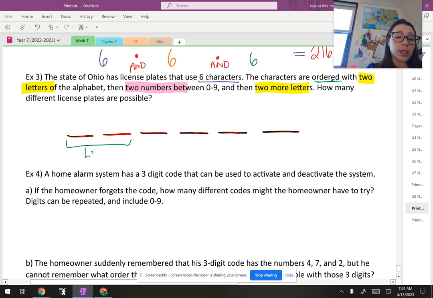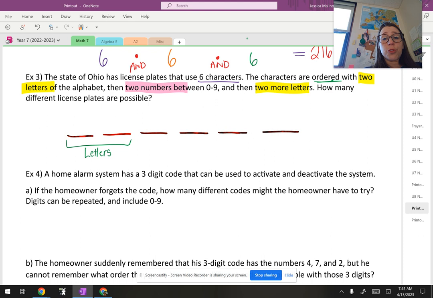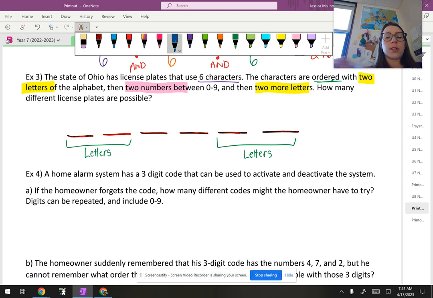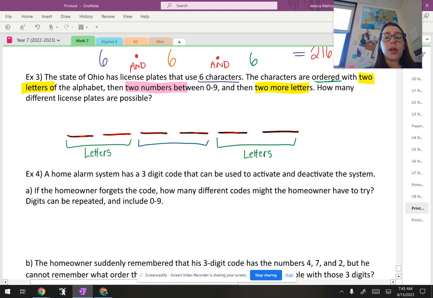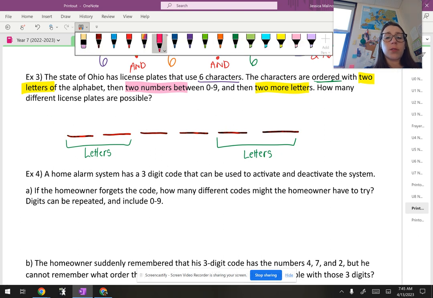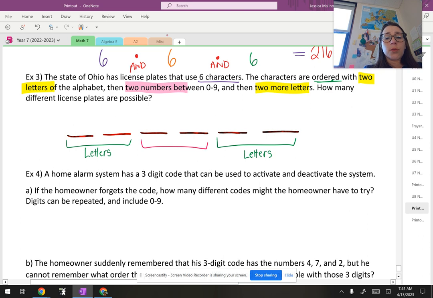So I know that these first 2 have to be letters. Then 2 numbers between 0 and 9, which I'll get to in a sec. And then 2 more letters. Again, the more you color code, the better. I think it helps stick in the brain. We should do pink for the numbers. I'm sitting here talking about color code and I'm not following my rules. And so 2 numbers.